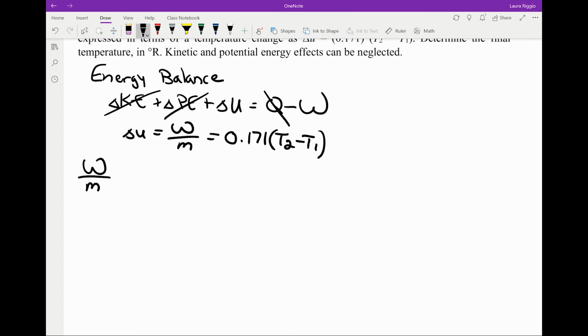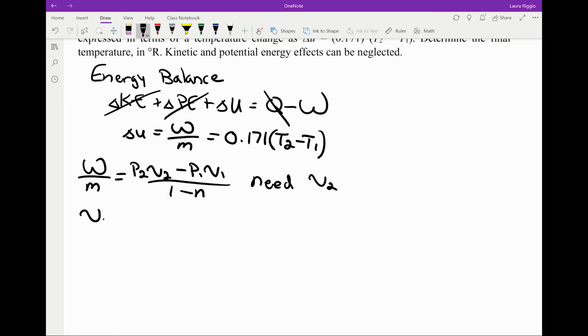Again, it is a polytropic process, so our work, in this case per unit mass, is equal to P2 V2 minus P1 V1 over 1 minus n, where we need V2.